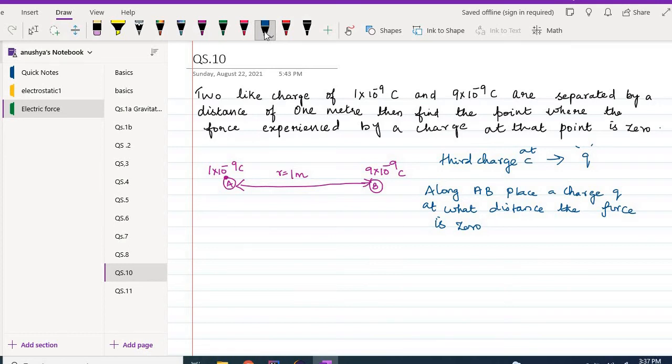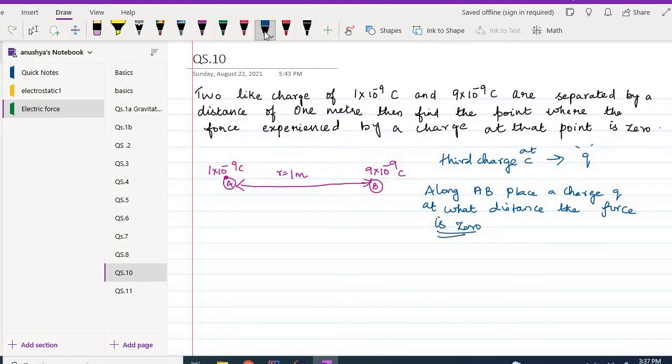In between A and B you place the third charge, and we have to find at what distance it experiences zero force.